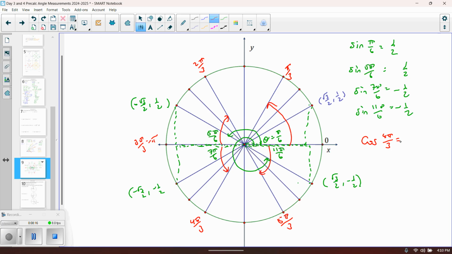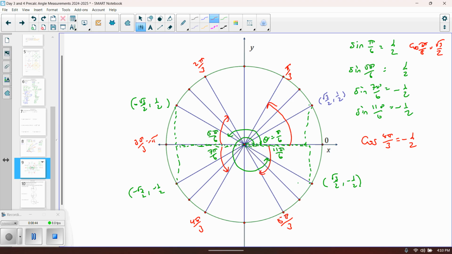Sine of pi over 6 was 1/2, which means that cosine of pi over 6 has to be square root of 3 over 2. So if cosine of pi over 6 is square root of 3 over 2, that means cosine of pi thirds has to be the other one, which is 1/2. And the fact that this is in the third quadrant means that x and y are both negative, so that is negative 1/2. Okay, I know I kind of ran through that thought process pretty quickly.